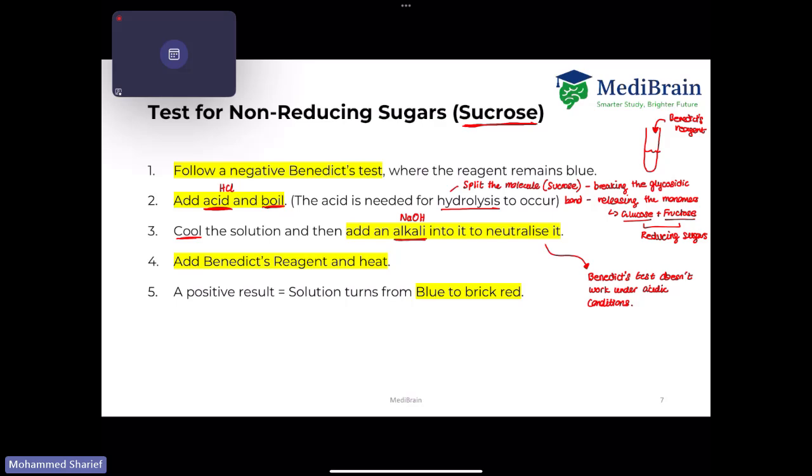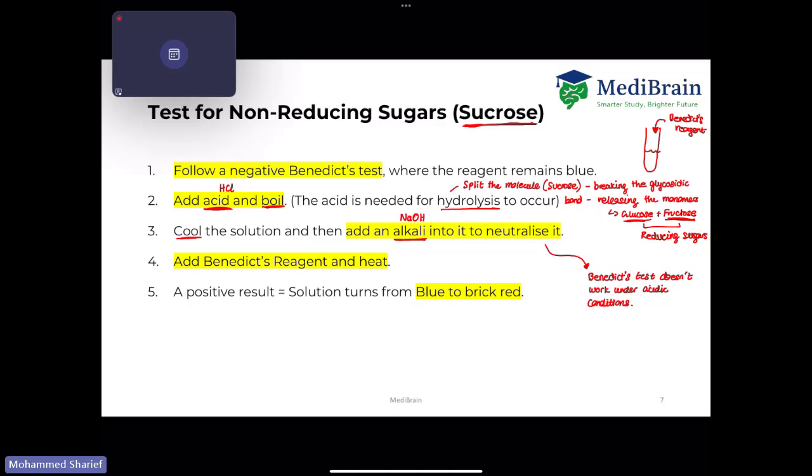Now this solution that we have no longer has sucrose, it has the individual monomers of sucrose. So now it should show a positive result when we add in Benedict's reagent because it has glucose and fructose present in solution. So now we're going to follow the normal Benedict's test.